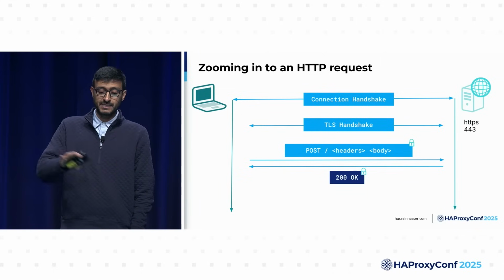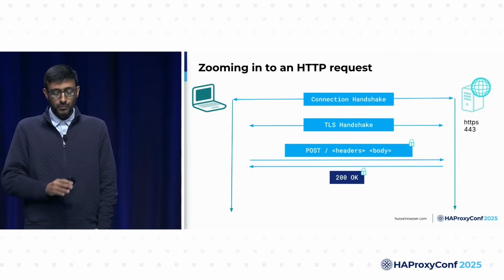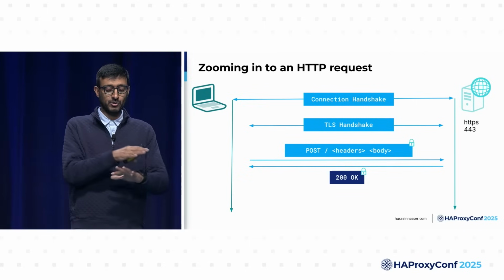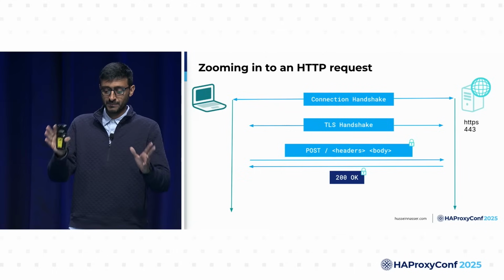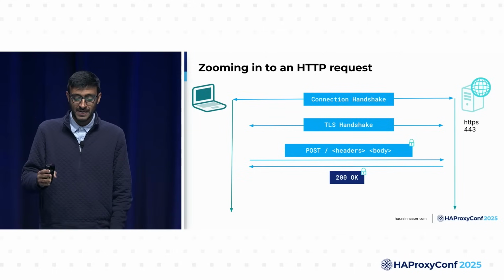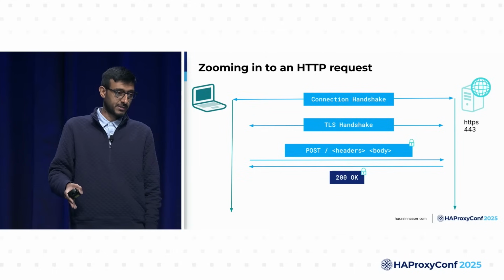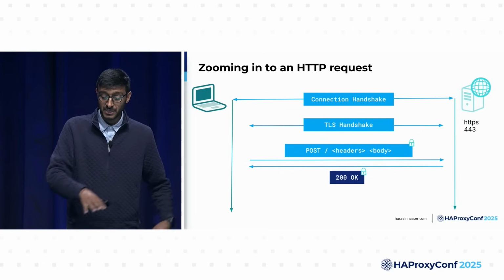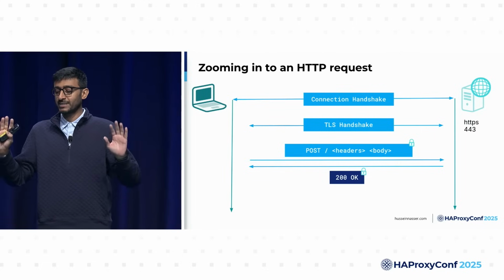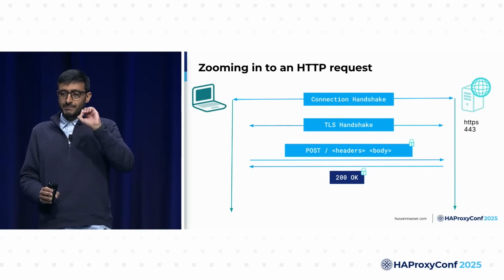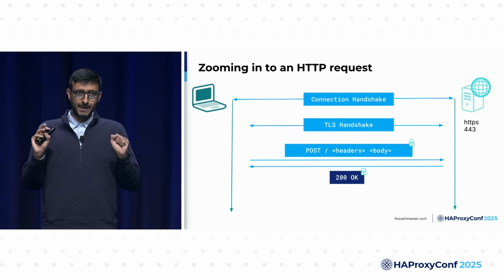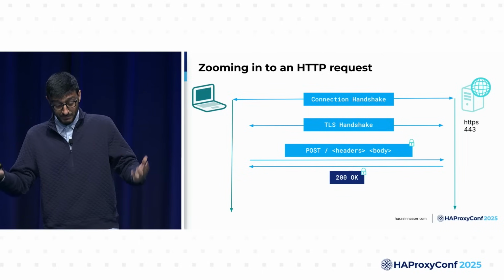On top of that, these days, we cannot do anything without encrypting because we live in a zero trust environment most of the time. So we need TLS, transport layer security. The goal of this stage is to exchange secrets in order to create symmetric keys.